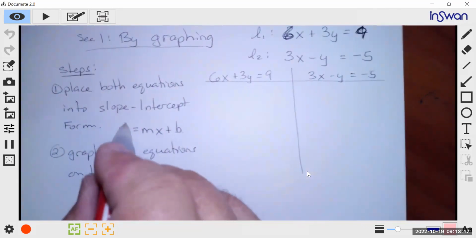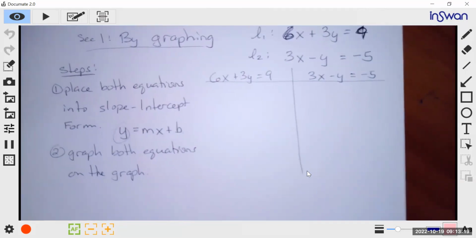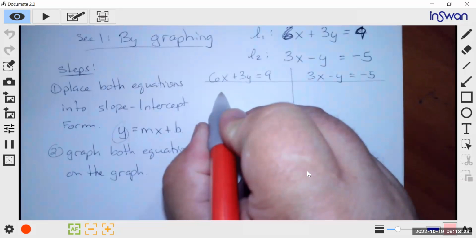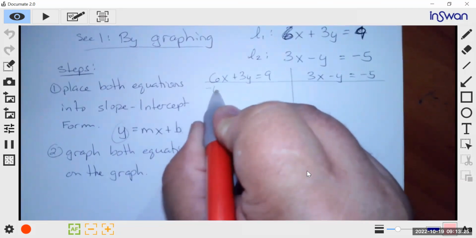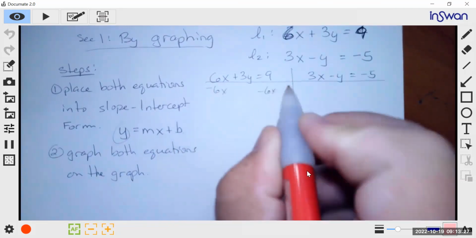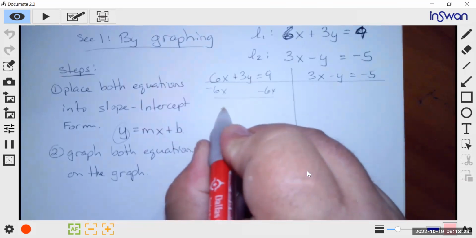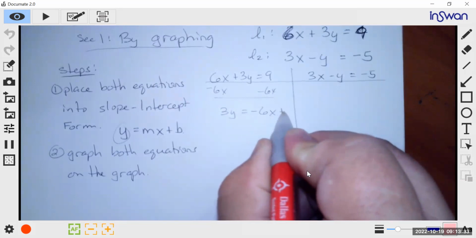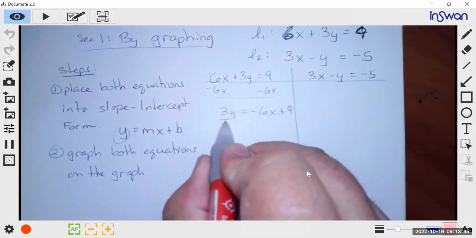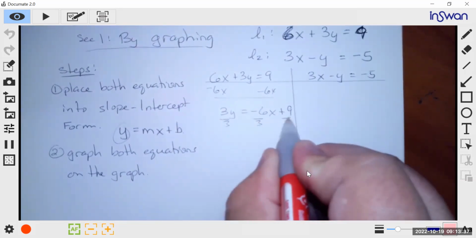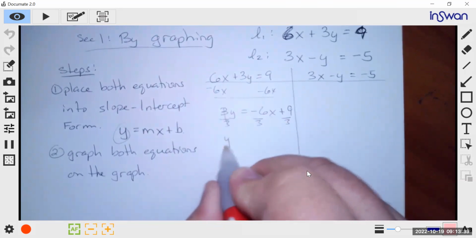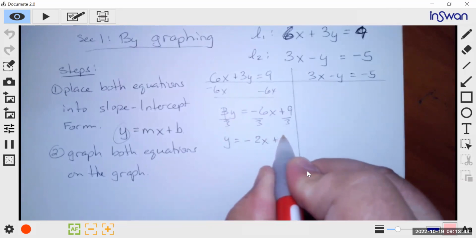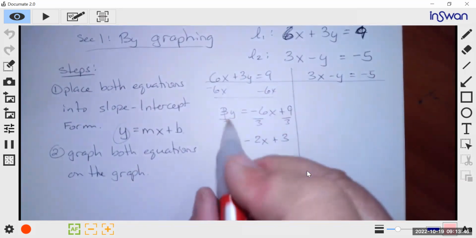In other words, solve for y. Subtract 6x from both sides in the first one. And divide by 3. Negative 2x plus 3. So there's my first equation.